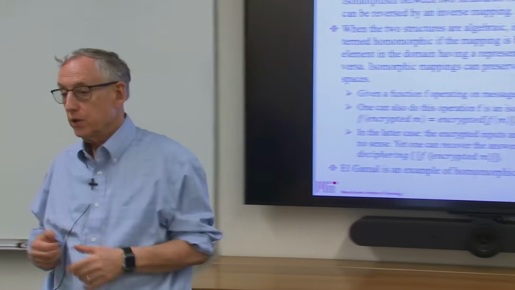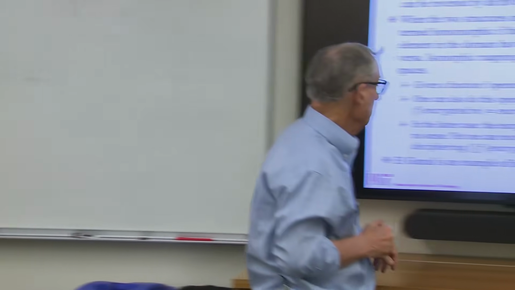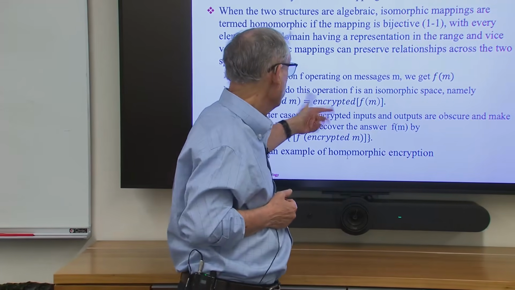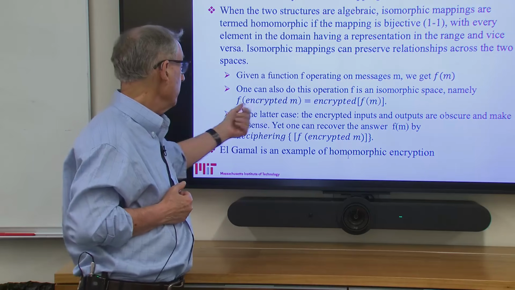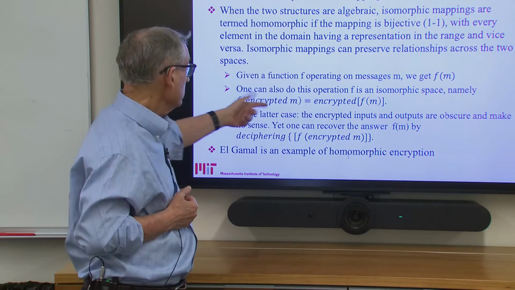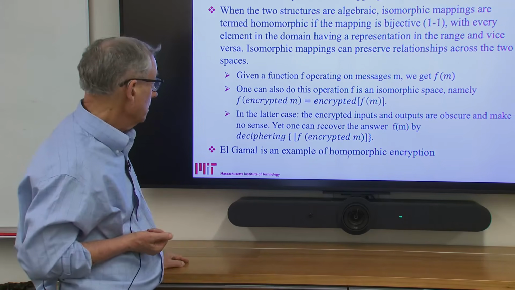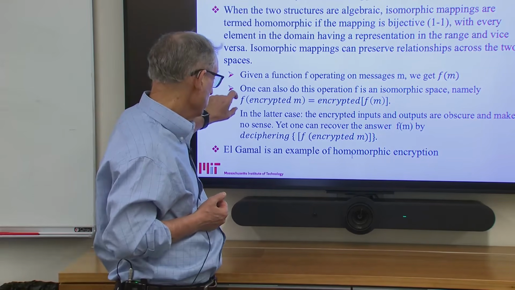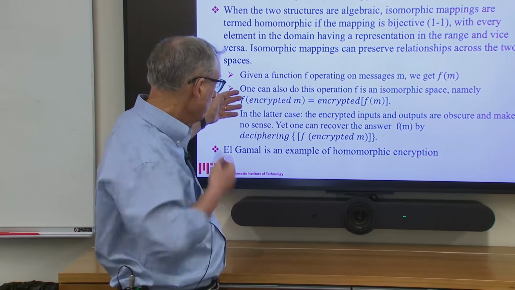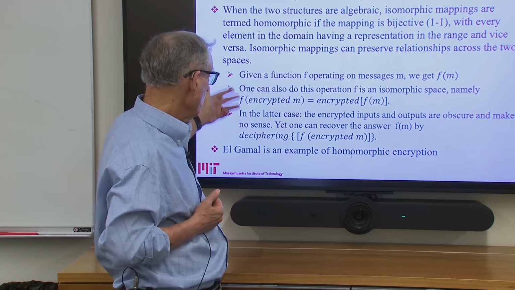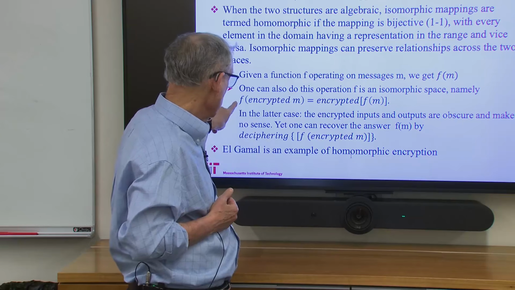Both sides of this equation are in the encrypted space, right? So here you wait till you have f and you encrypt it, or our real goal is to encrypt m and have f operate on it. Because it's already encrypted, f of the encrypted value will be in the encrypted space. So this is true under fully homomorphic encryption. Another way to look at it is to decipher the left-hand side.